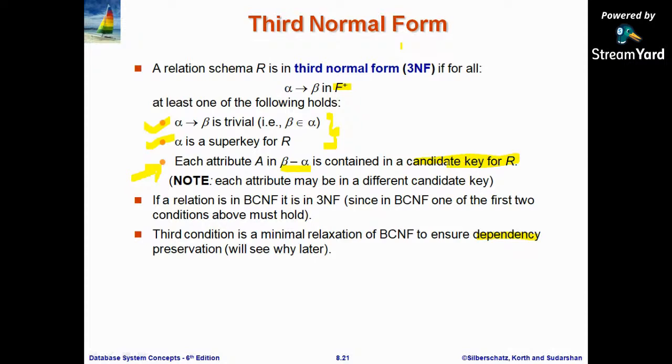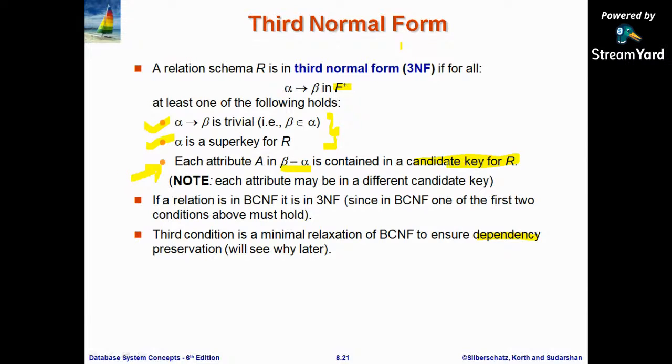And the third condition you need to check is the fields in beta minus alpha should be the part of the candidate key. Part of the candidate key means if A comma B is a candidate key, then its part is A or B. So the fields in beta minus alpha should be the part of a candidate key. If the third condition holds also, then it is in third normal form.